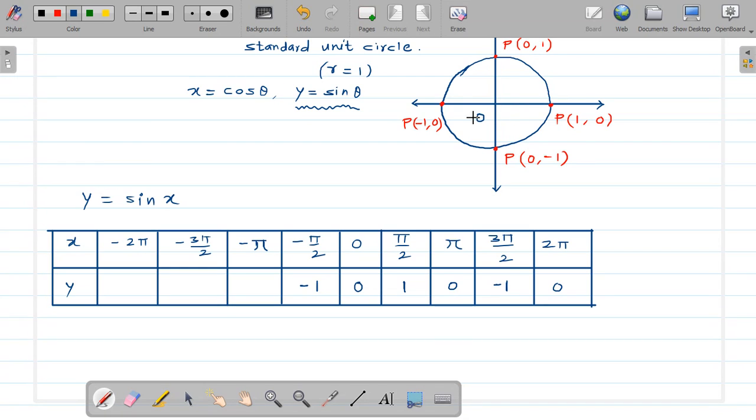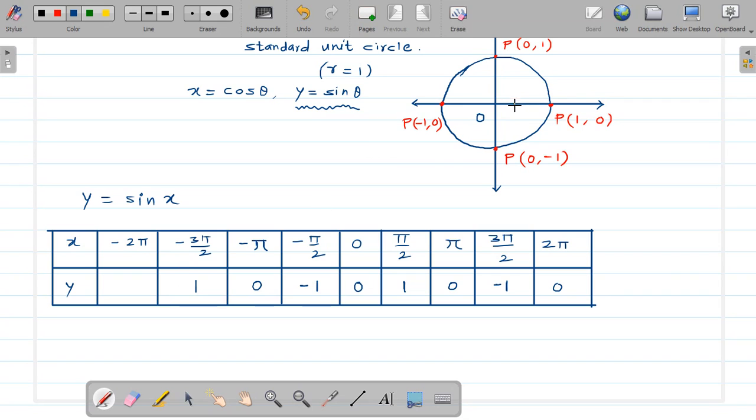Similarly, if you rotate this, then the angle will be minus pi. So sine minus pi is 0. Then if you rotate up to this position, the value of the y coordinate is 1. That means it is the value of sine of minus 3 pi by 2. So sine of minus 3 pi by 2 is 1.